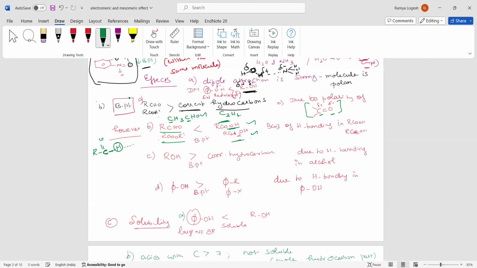So if it goes for hydrogen bonding, let me say with water, will it have a strong hydrogen bond? Or compare an acid, COOH. Here the hydrogen is bonded to oxygen, which is more electronegative. So if it goes for hydrogen bonding, it will be stronger. Correct? Am I correct?